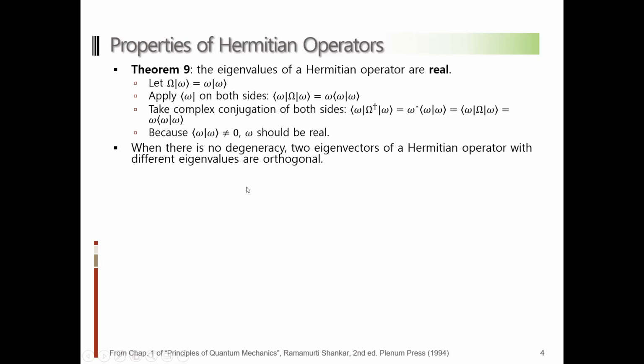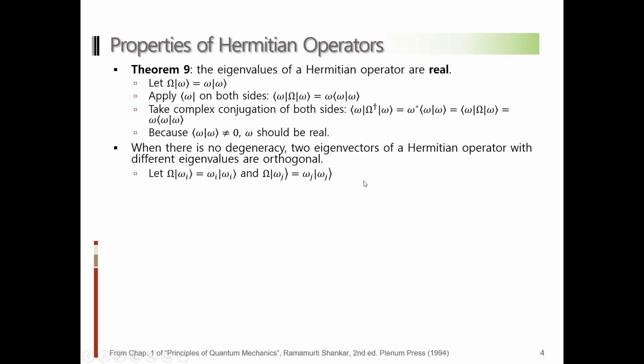How can we prove that? Well, that's also very simple. Imagine two eigenvectors with different eigenvalues. So I'm saying that there are omega i and omega j, which are different values, and there should always be corresponding eigenvectors. So we will always have this kind of relation.